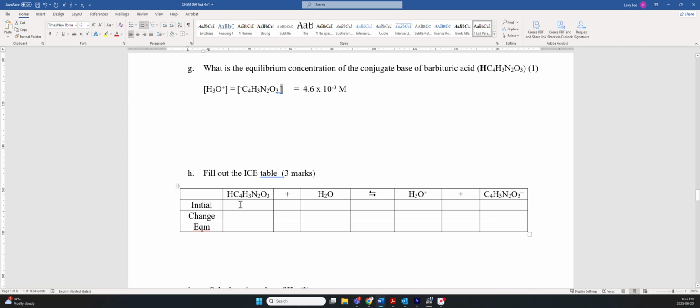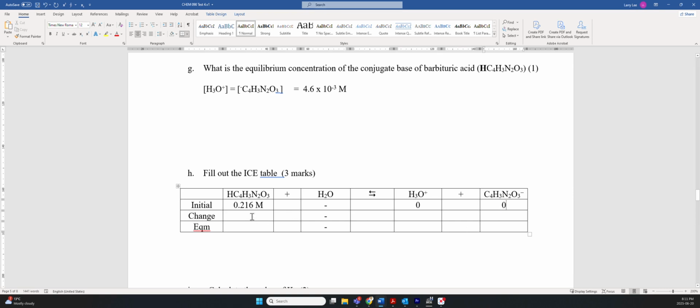And so now you fill out this table. Initially, remember, read the question again. I found the initial concentration. Water, we don't count it. This is a liquid, so it doesn't count in equilibrium. It's actually equal to 1. The initial concentration of these two products will be 0.